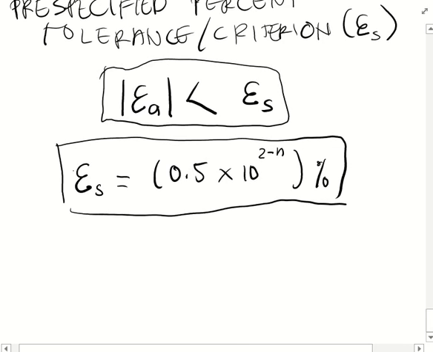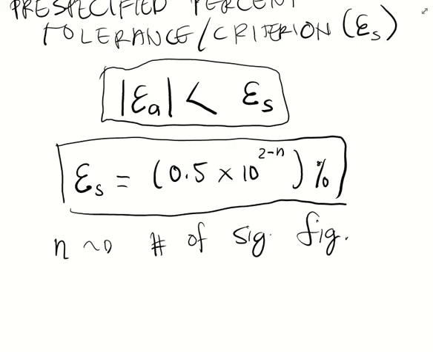And n here is the number of significant figures that we want. So it's based on the number of significant figures, although we compare the approximate error and the pre-specified tolerance or criterion.